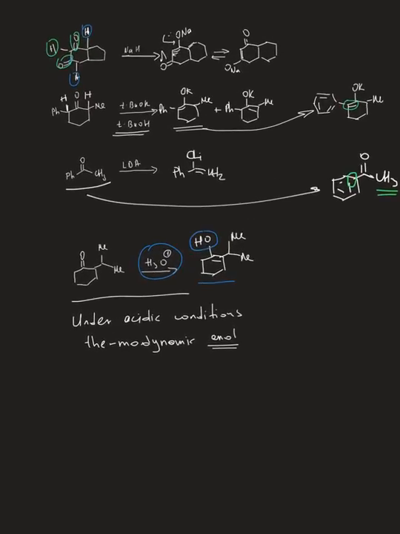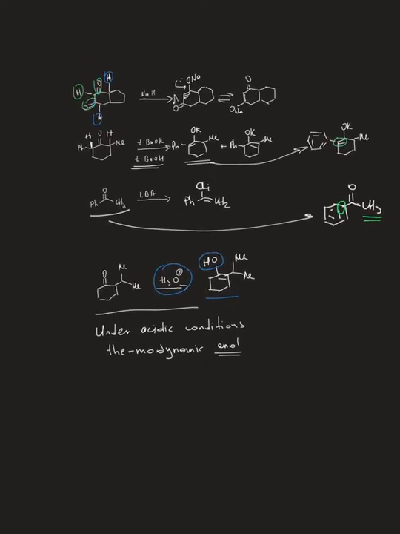Alright, so what I'm going to do is open a new page. And here we're going to talk about alpha halogenation of enols and enolates.